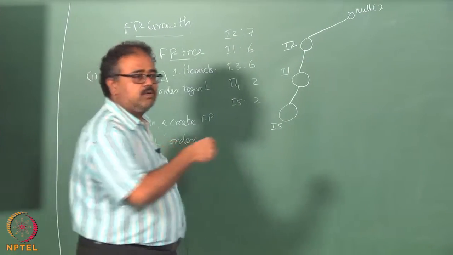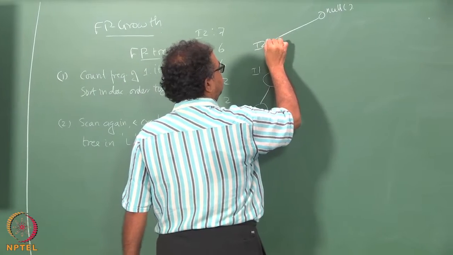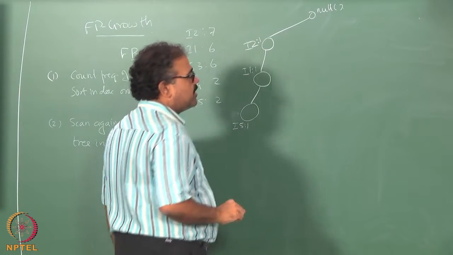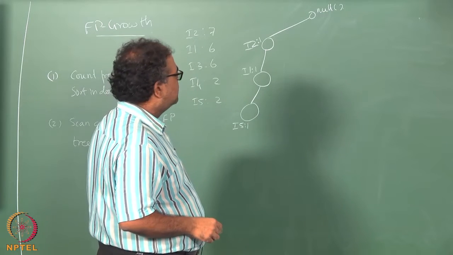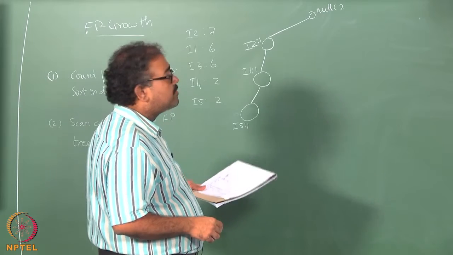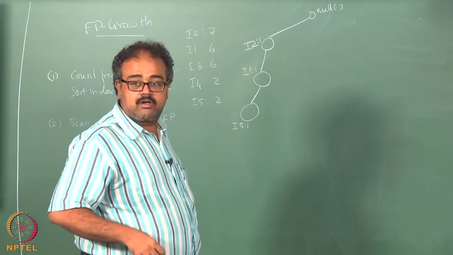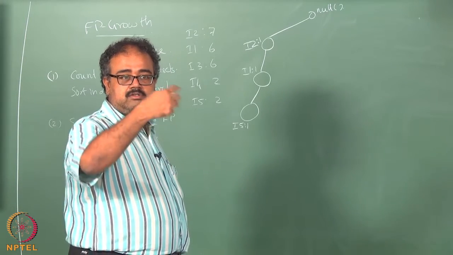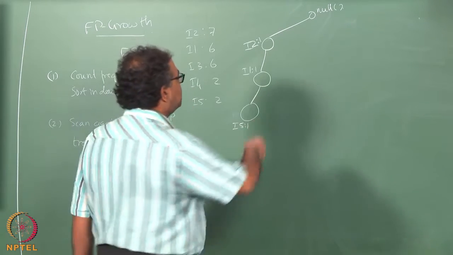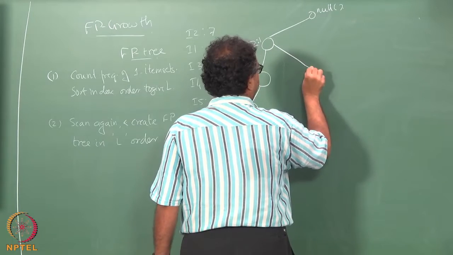The count is how many times I have seen this: once. What is the next transaction? I2, I4. So I start off with the null set, then I add I2, then I add I4. So this is essentially that.